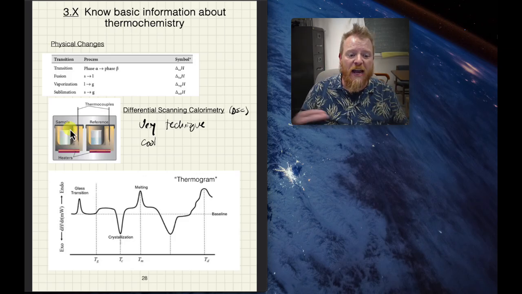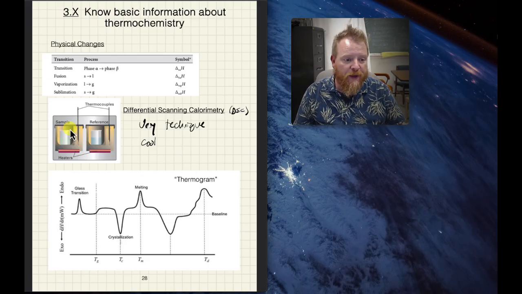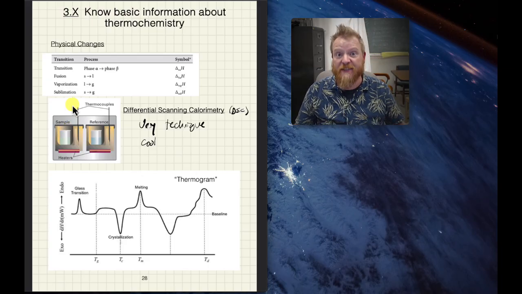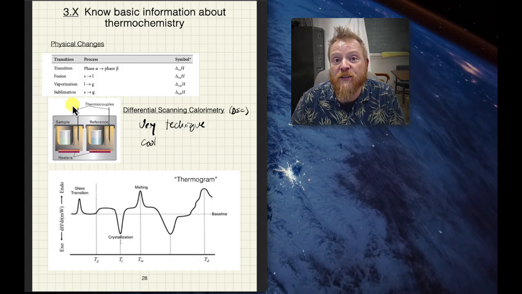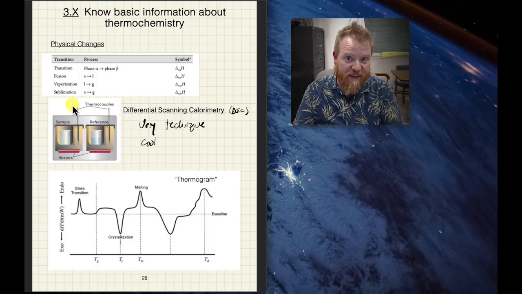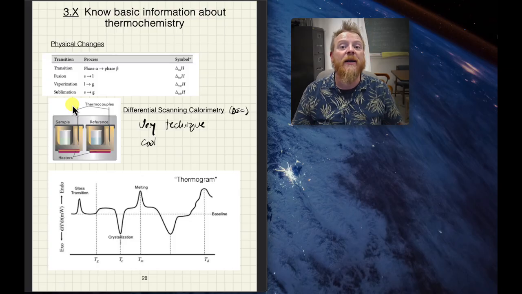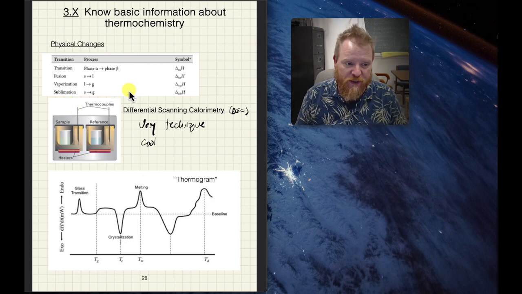As the sample goes through, let's say, some phase change, that's going to change the heat capacity, as we'll be learning. When you arrive at a phase transition, heat is getting dumped into that sample without changing its temperature because that heat is going into fueling the phase transition.